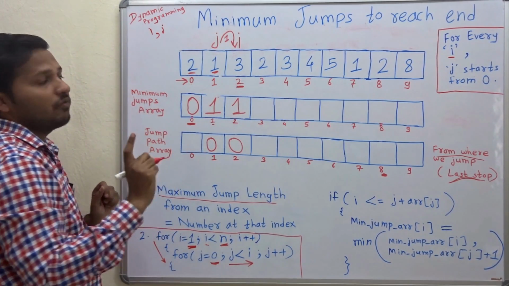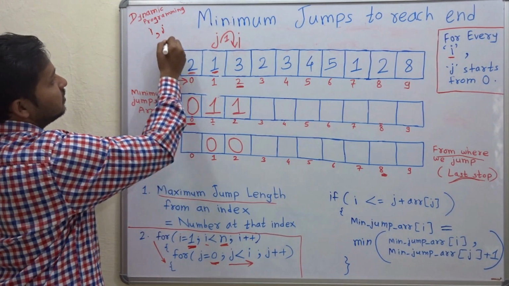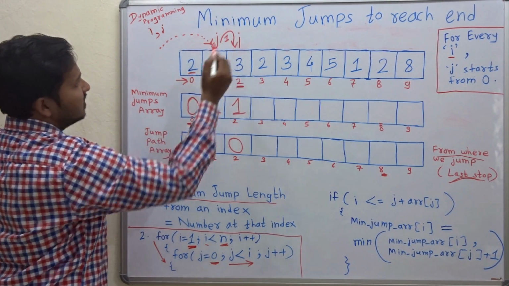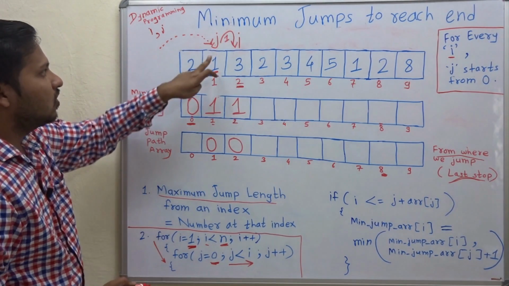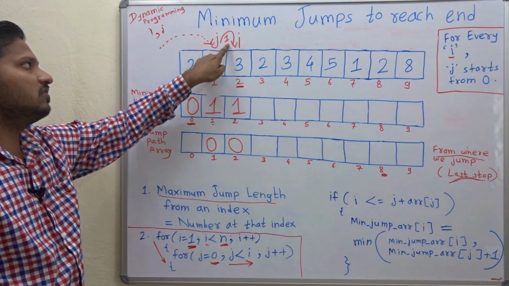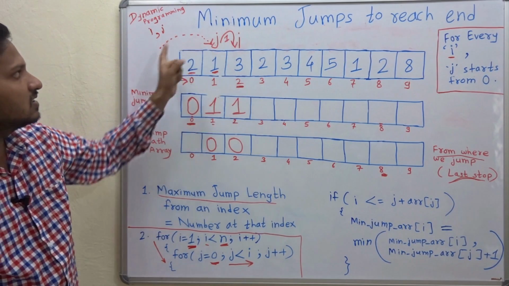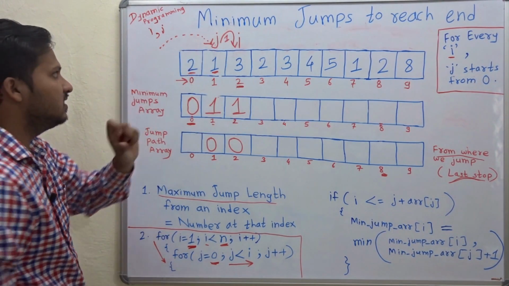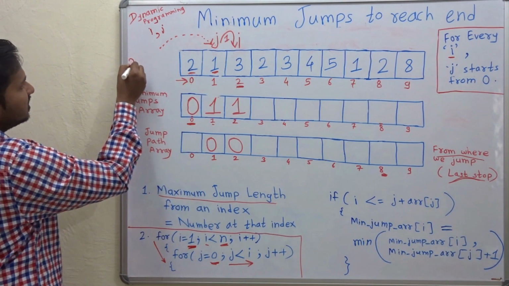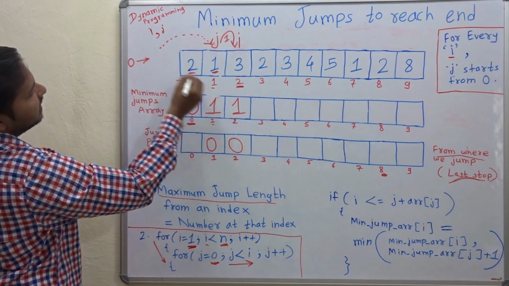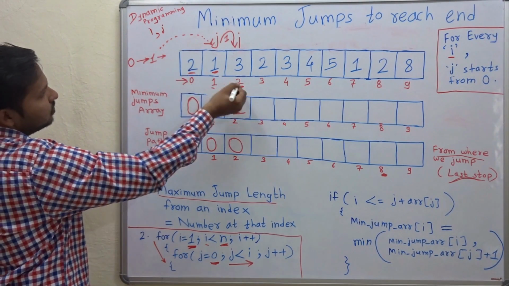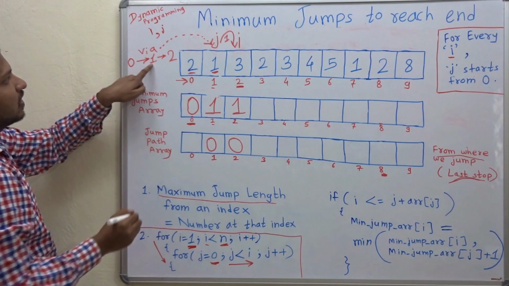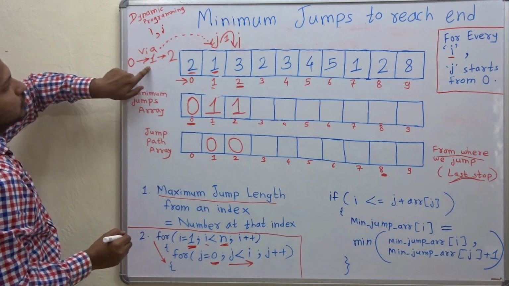The total number of jumps will be first to reach the jth index and then the ith index, because from j to I you can reach in one jump, but some jumps are required to reach j.